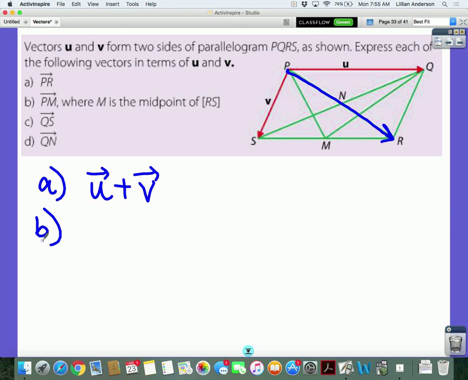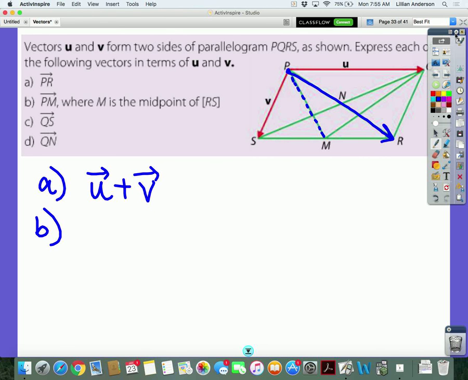Now for pm, where m is the midpoint of rs, we can use the fact that this still again uses the whole parallelogram method, except this time we're looking at possibly not the full vector u, but maybe only half of it.